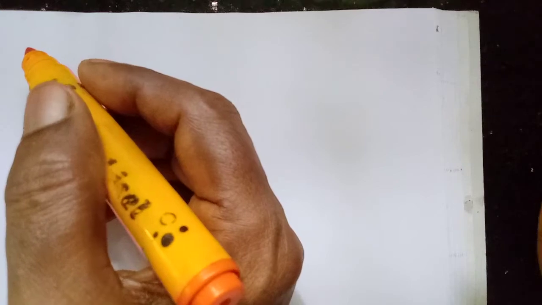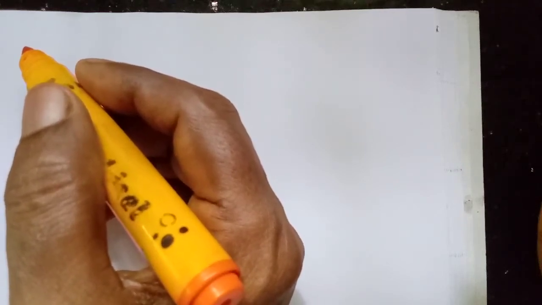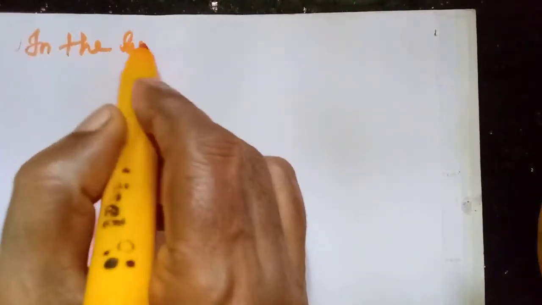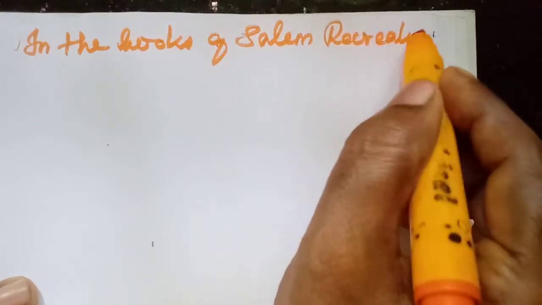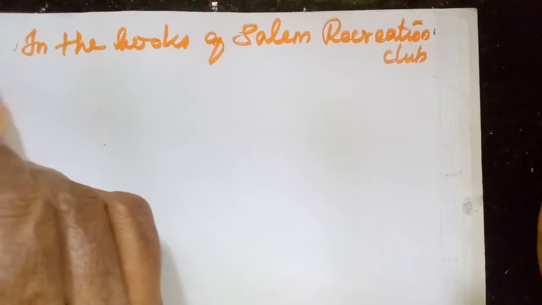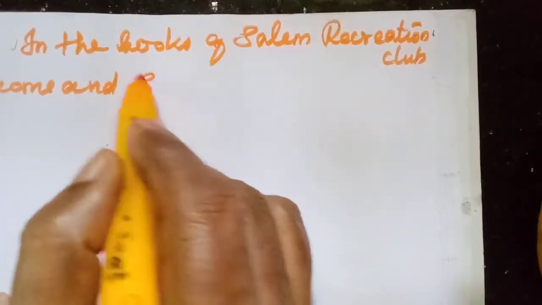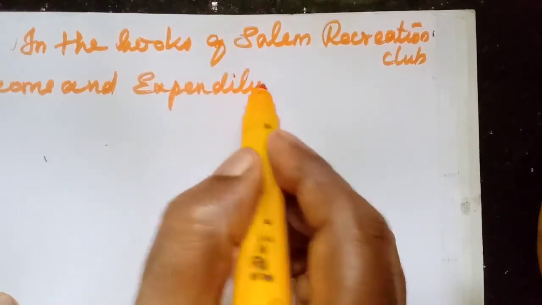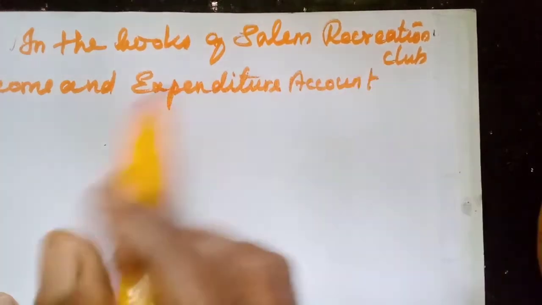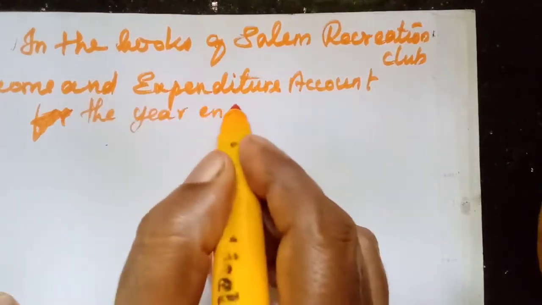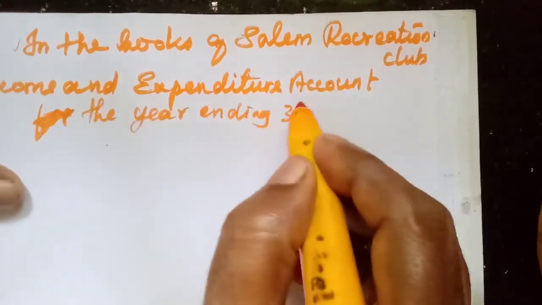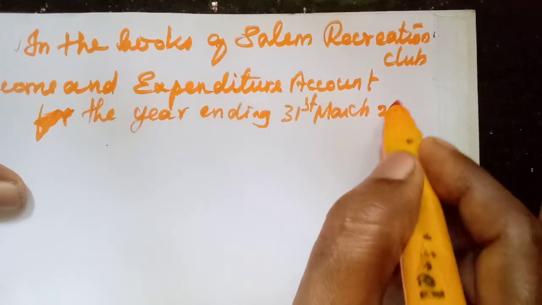First, in the books of Salem Recreation Club, income and expenditure account for the year ending 31st March 2019.